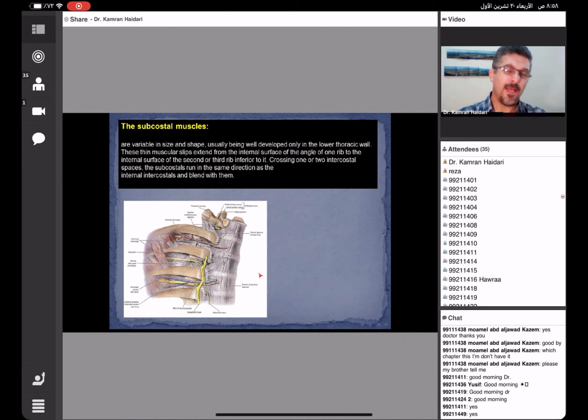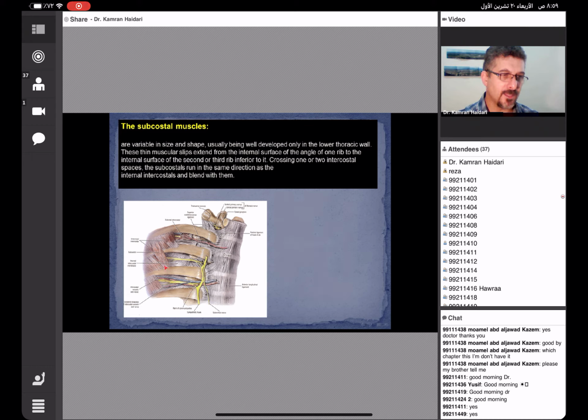Okay, and on the posterior wall of the thorax, we've got another intrinsic muscle, subcostal muscle. Subcostal muscle arises from the internal surface of the angle of the rib, this muscle.